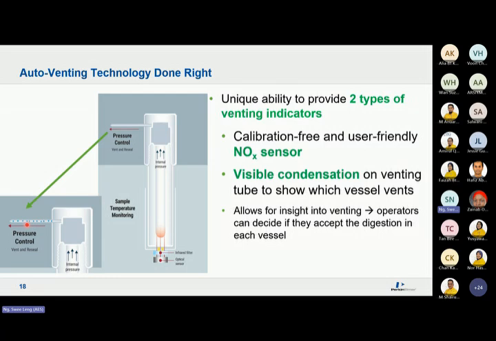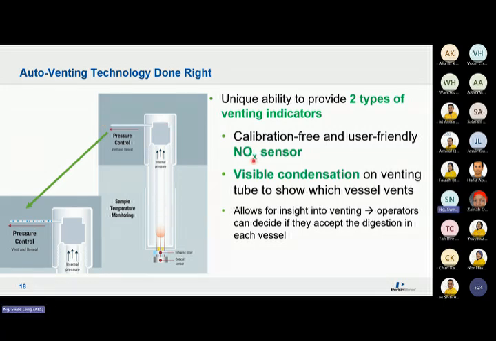I don't want this sample, but I want to repeat it with 0.35 gram. When the sample is less, your pressure will not build up so much, then you will not be venting off. So this is what we do differently compared to other vendors.